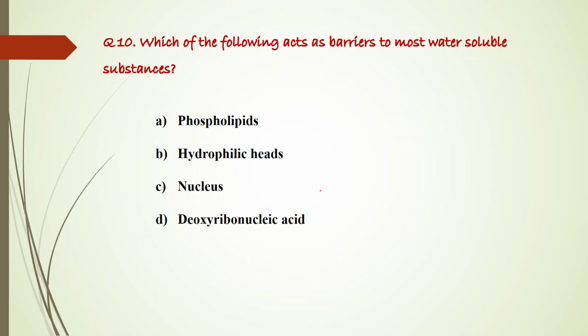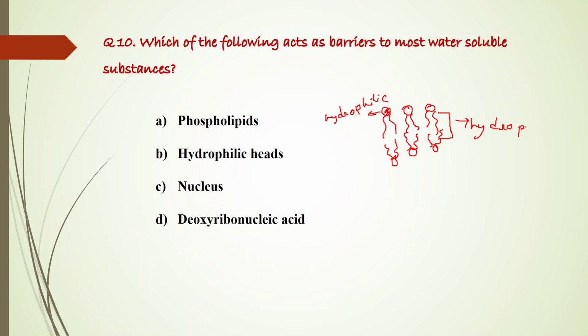We all know among all the options, only phospholipids have hydrophobic tail parts and hydrophilic polar head groups, which they can use to form a bilayer membrane. So this part is hydrophilic, but this intermediate region is your hydrophobic.